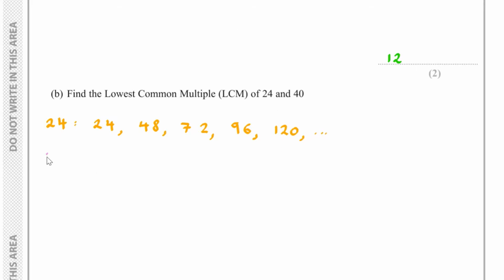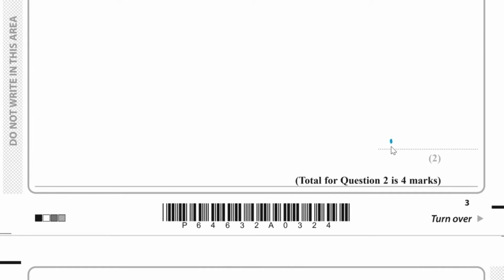If I write out the multiples of 40, we've got 40, 80, 120, and we could continue, but at this point we can realize that 120 is the lowest common multiple. And so we would have 120.